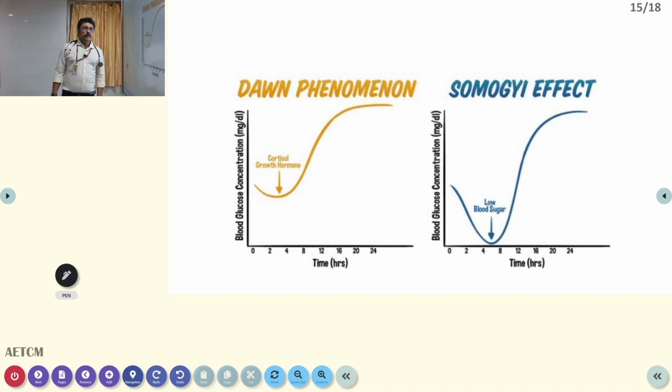And there are two important effects you should remember, especially in patients who have very high morning blood sugar. Some patients have very high morning blood sugars, for example 300. There are two reasons for that. Suppose you are giving 20 units of insulin at night. In some patients, around 2 o'clock, the blood sugar drops to 50 due to this insulin.